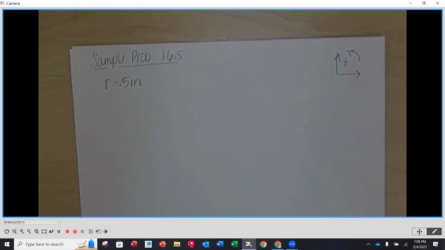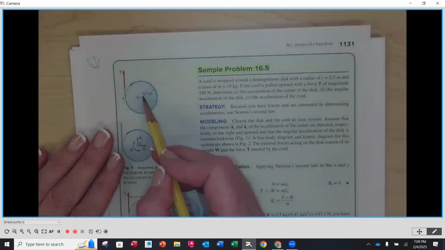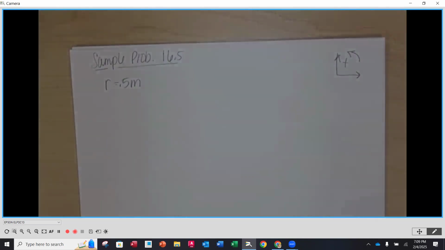Now, that is different than radius of gyration because they told us that this disc was homogeneous, meaning the same cross section and same material. They are giving us the radius to the outer edge of the disc itself. So this is radius, not radius of gyration.